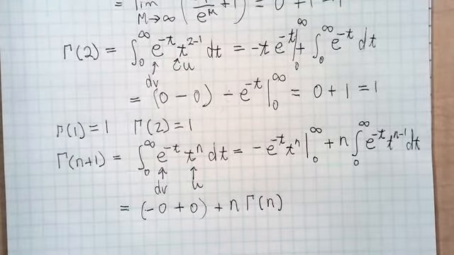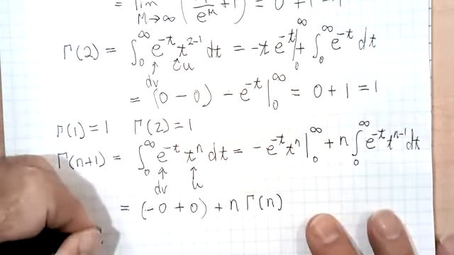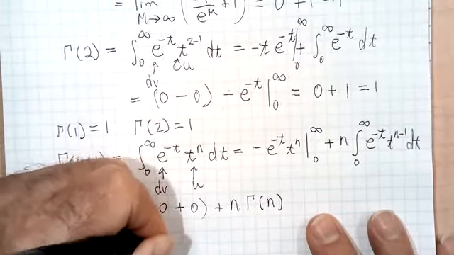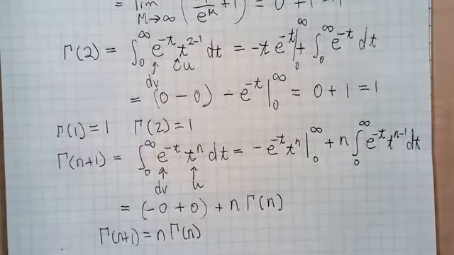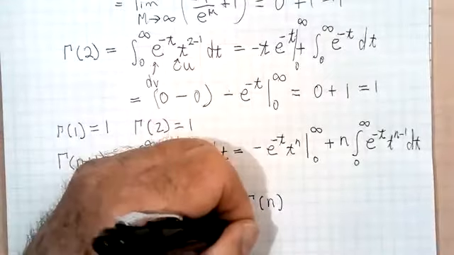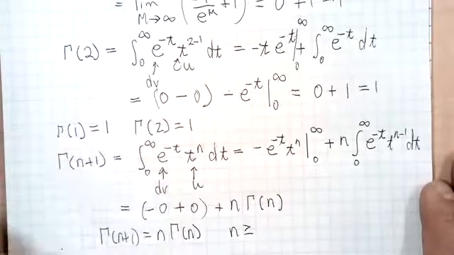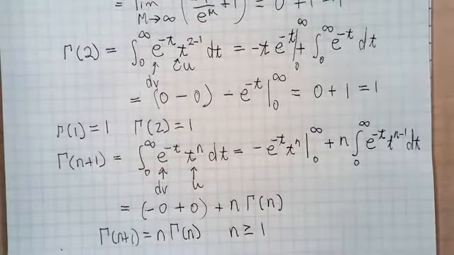You do it by, officially it's by induction. But our formula says this. Gamma n plus 1 equals n gamma of n. And this works for n greater than or equal to 1, I guess. Because I've got a gamma n here.